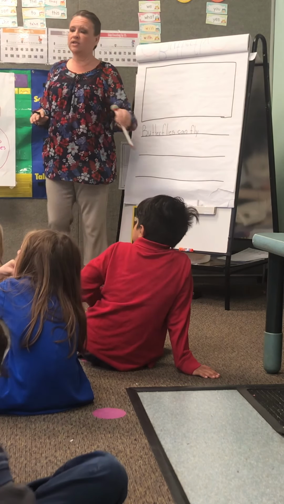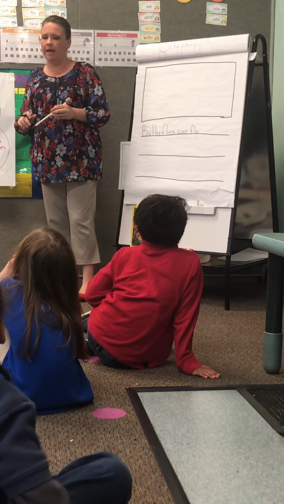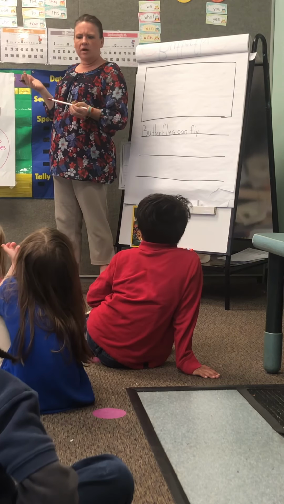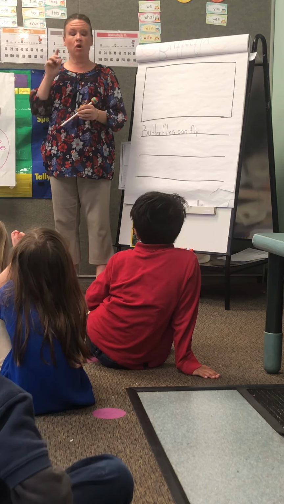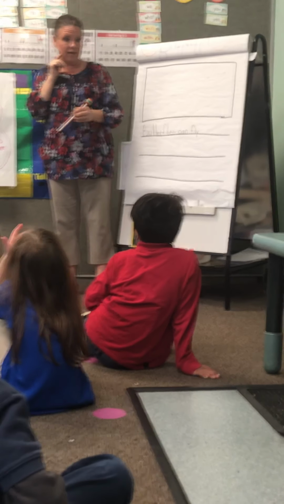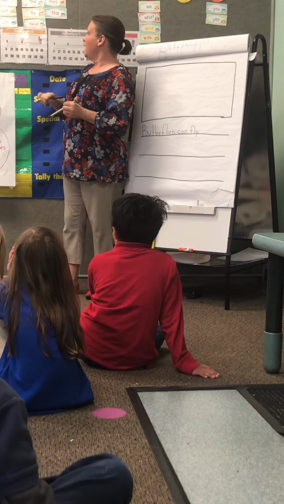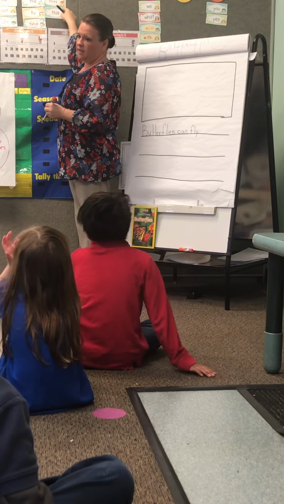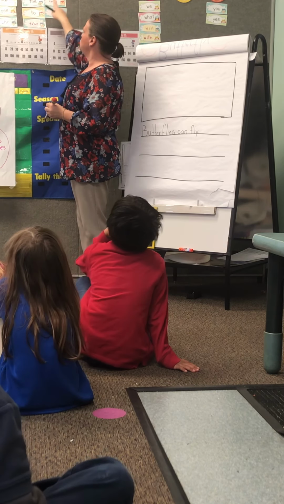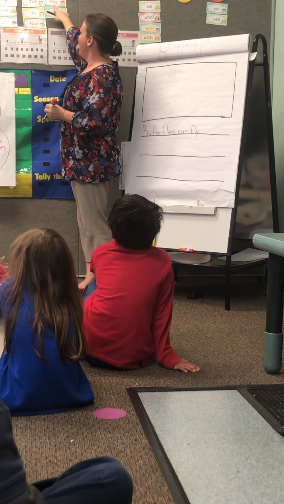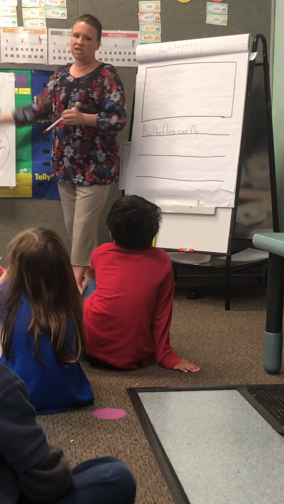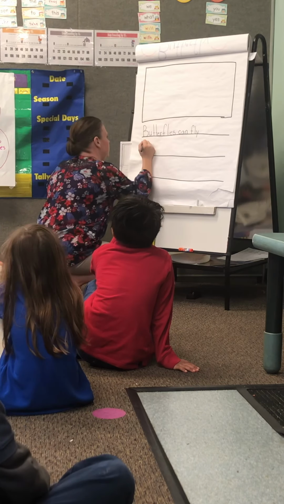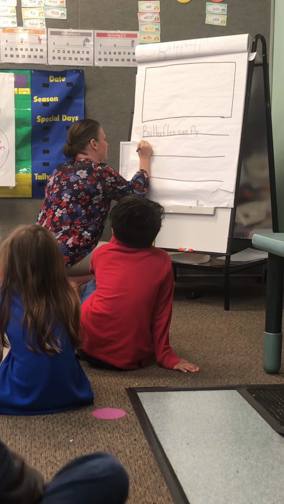We can start our sentence with they. We might not remember how to spell the word they, but we know that's one of our sight words. We know how to read it, right? So we can find that on our word wall. So we have to look up here and find the word they. Here it is, T-H-E-Y. They.